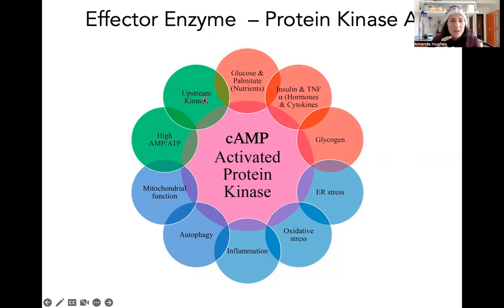Let's see, it can also phosphorylate upstream kinases that go and play a role in something else. Again, signal transduction is kind of like a little spider web of points. Mitochondrial functions can be altered. It plays a role in the inflammatory response, so it's going to turn on a lot of different things. Again, it totally depends on what cell type you're looking at.